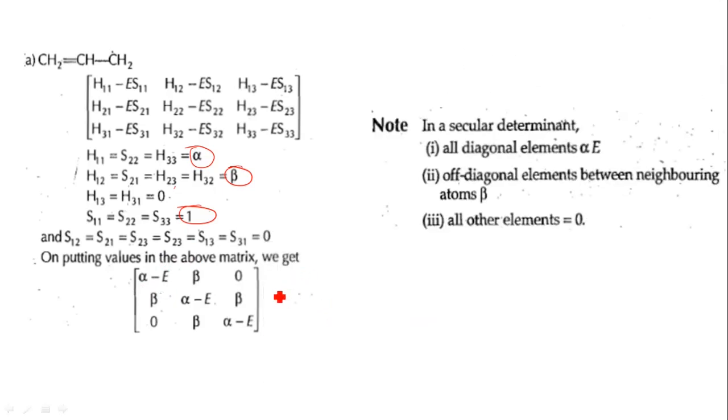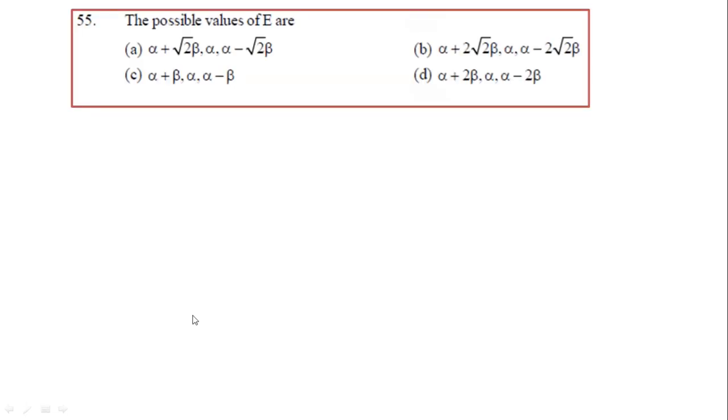So this is the determinant. In a secular determinant, all diagonal elements have the value of alpha minus E, and off-diagonal elements between neighbor atoms are beta. This one is a neighbor atom, this will be beta. And all the others are 0. This one is 0, this one is 0. This is the secular determinant. Option A is the correct answer.